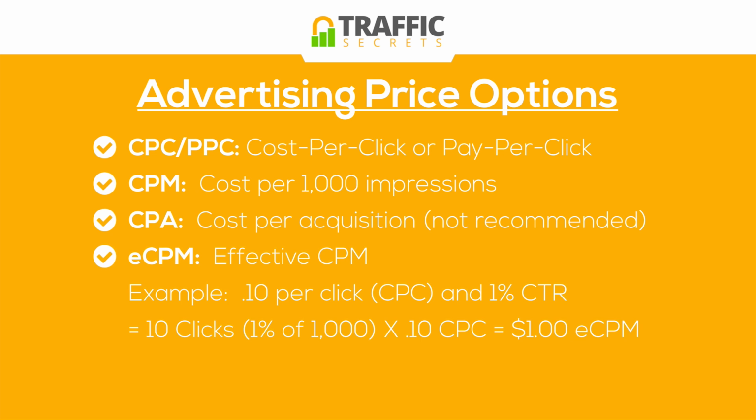Now, why this is important for you to know is you want to be able to reverse engineer your own effective CPM rates to figure out if things are worth it or not. Sometimes these ad networks, you can buy both. You can buy pay-per-click prices or you can buy CPM prices.